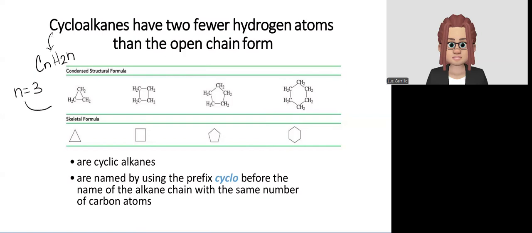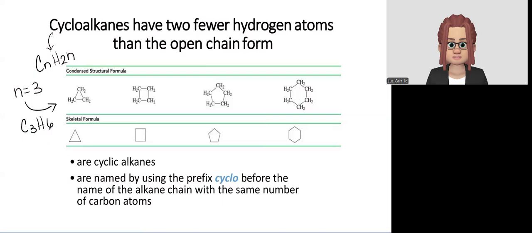So the chemical formula for that smallest cyclic alkane is going to be C3H6. And you can see it illustrated in the condensed structural formula that we have here. We have 1, 2, 3 carbons, 2, 4, 6 hydrogens. That's where that C3H6 comes from.